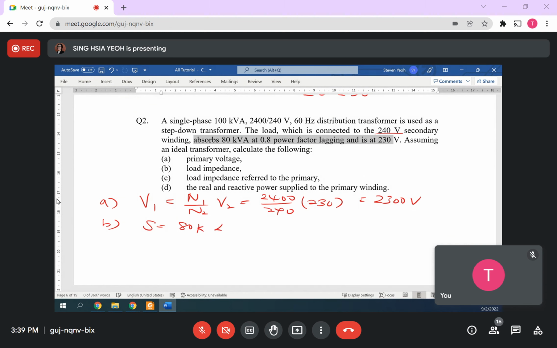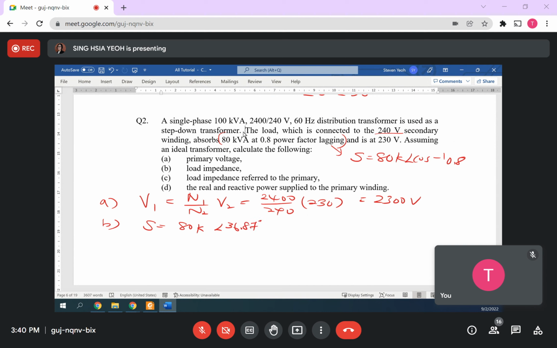Then how are you going to write this into formula? So if this one is S equals to 80K, then shift cost 0.8. You should know this already. Shift cost 0.8, 36.87, I think.